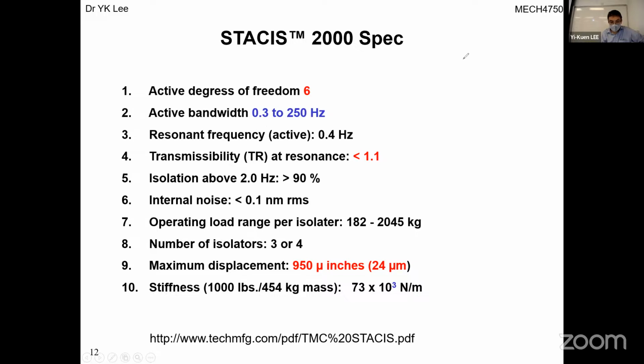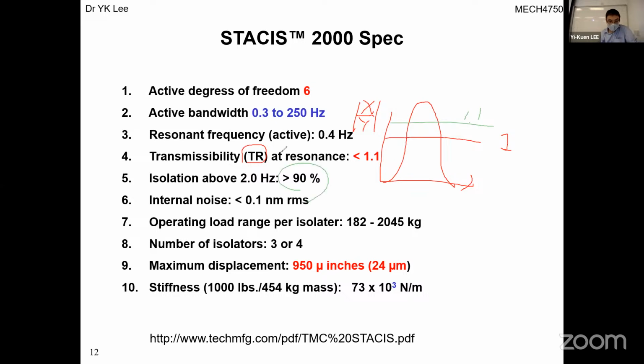Of course, we also mentioned transmissibility, TR. Remember, we look at the frequency response function, X over Y. So this is less than 1.1, and the isolation at about 2 hertz is 90%.